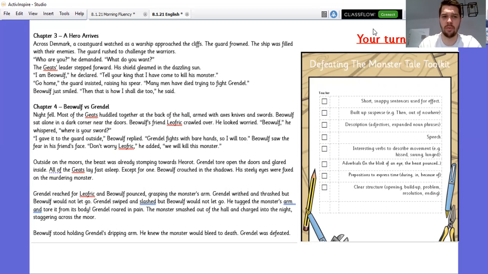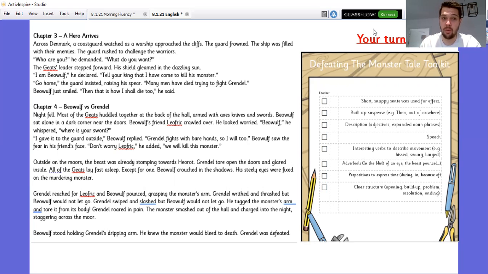"I am Beowulf," he declared. "Tell your king that I've come to kill his monster." "Go home," the guard insisted, raising his spear. "Many men have died trying to fight Grendel." Beowulf just smiled. "And that is how I shall die too," he said.